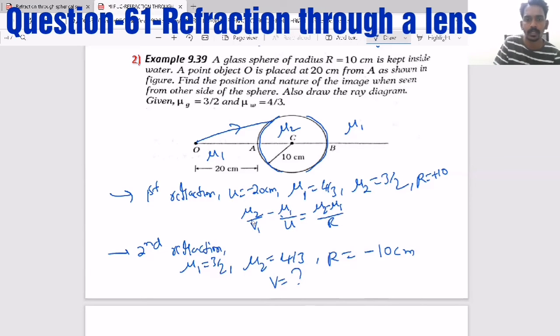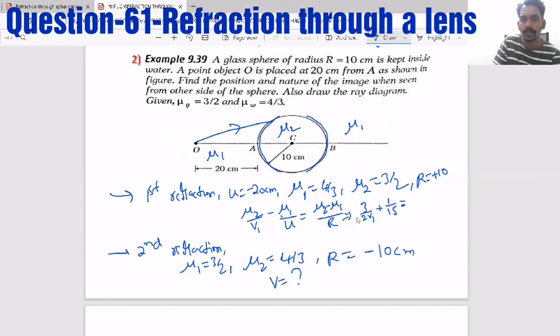Let us just try to substitute in this equation. See, mu2 is 3 by 2, by V1, so 3 by 2 V1 minus mu1, which is 4 by 3, by U, 20. So minus of minus, plus, this 1 by 15 will come. Just substitute.